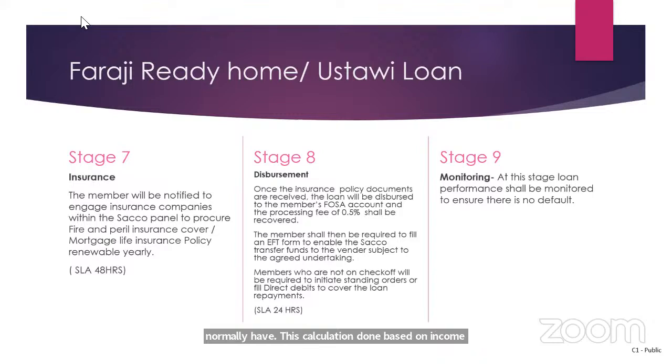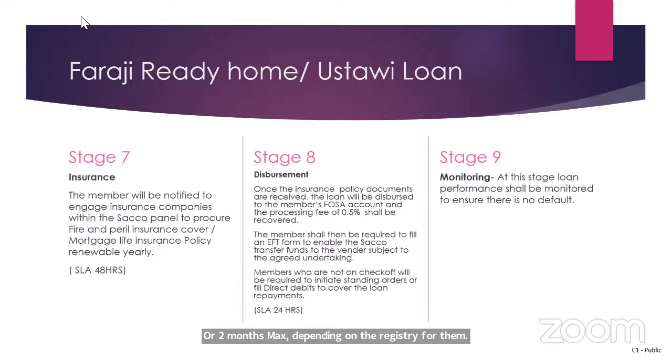For the mortgage loan, or how long does it take for the construction loan, right? So the mortgage loan for a ready home normally takes 1.5 months or 2 months max, depending on the registry. For construction loans, it also depends on your speed once the loan has been disbursed.